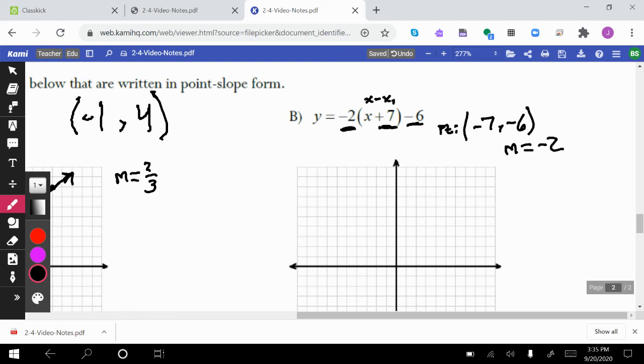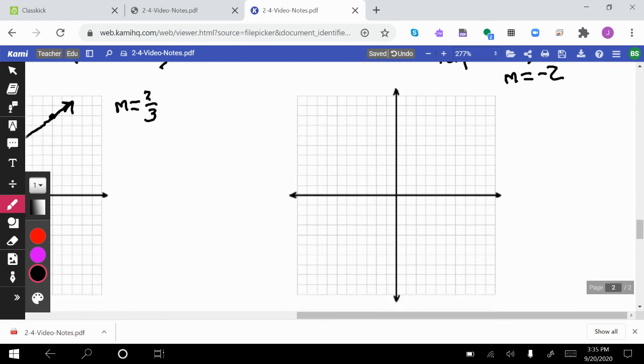So again, I'm going to plot my point, negative 7, negative 6. So we count 1, 2, 3, 4, 5, 6, 7. 1, 2, 3, 4, 5, 6. And we can go up 2 over 1, up 2 over 1, up 2 over 1.